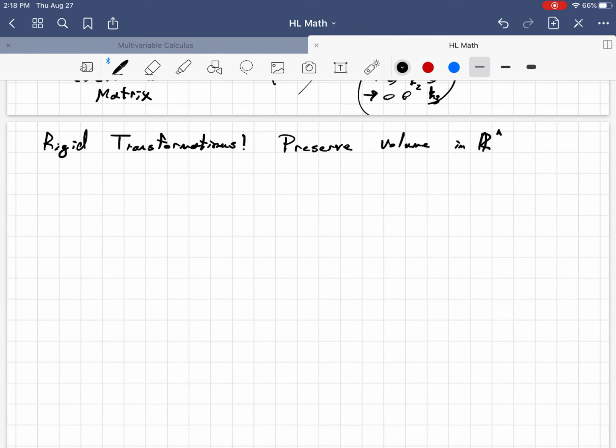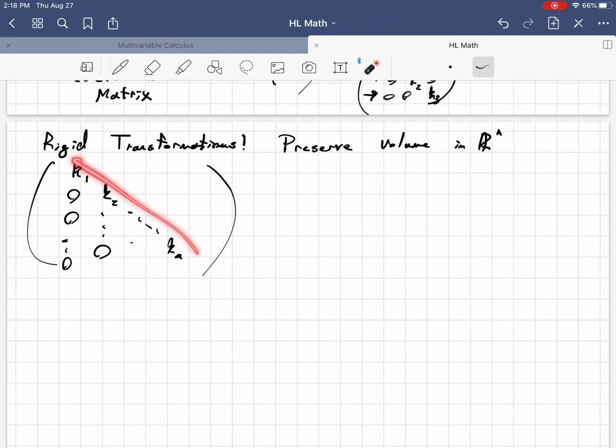So now we have a matrix of the form K sub 1, K sub 2, up to K sub n. Right, now I'm going back to n dimensions. Then we've got zeros everywhere else, all zeros except along this main diagonal. And so what this matrix now represents geometrically is a rectangular prism.